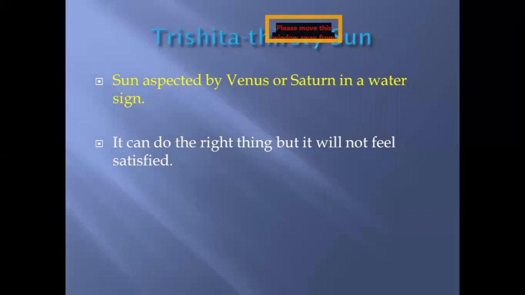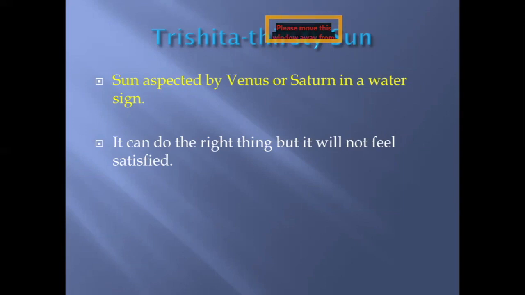Now, Trishita or thirsty sun. It happens when the sun is aspected by Venus or Saturn, and this happens in a water sign. So it's going to happen in Cancer, Scorpio, or Pisces. Okay, and this is going to be a bit like starvation, but not as strong.